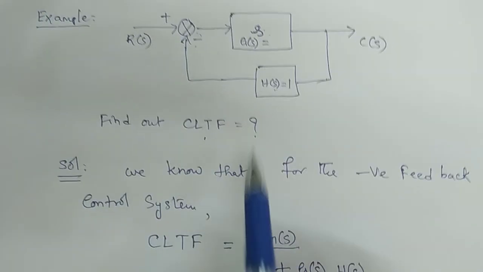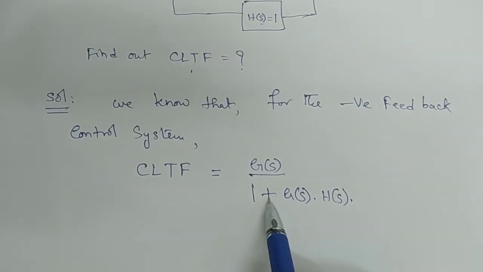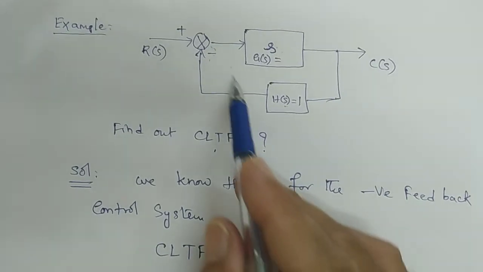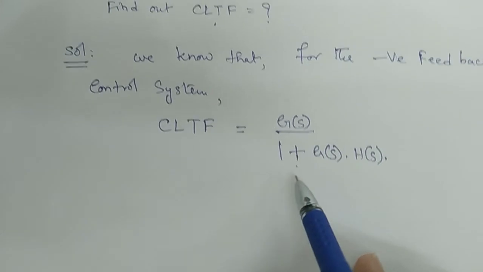If it is negative feedback, you just write plus in the denominator; if it is positive, you write negative.